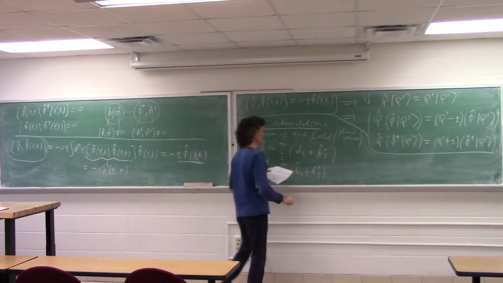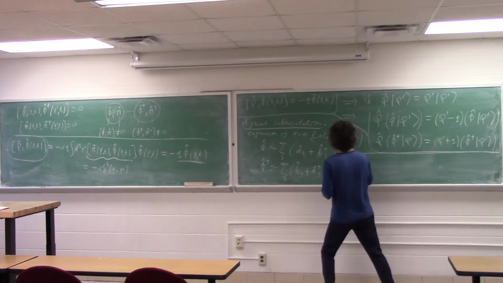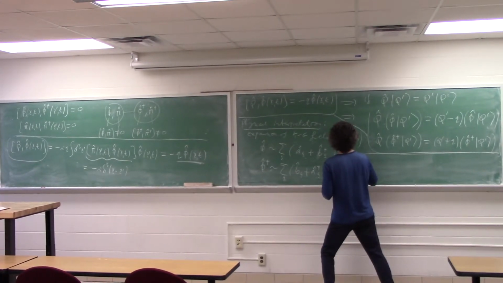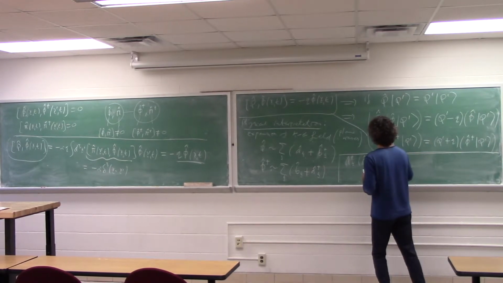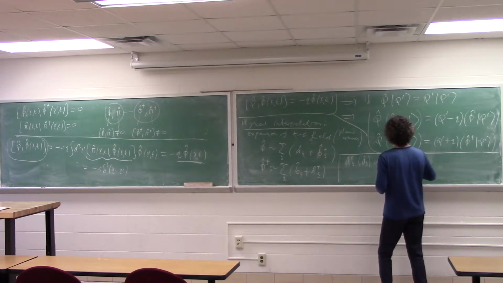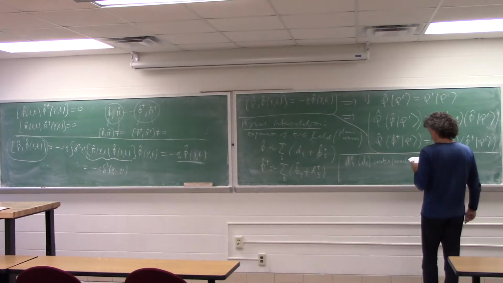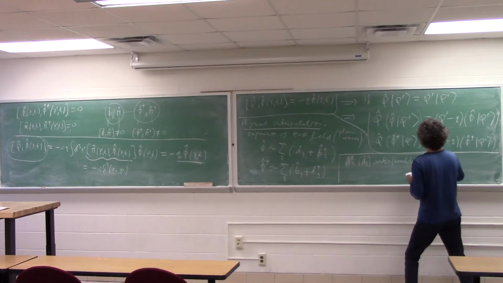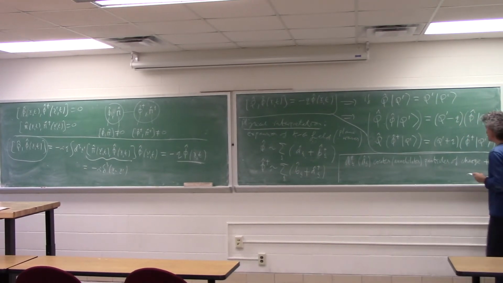And what happens is that A hat dagger k, or A hat k, creates or annihilates particles of charge plus q.